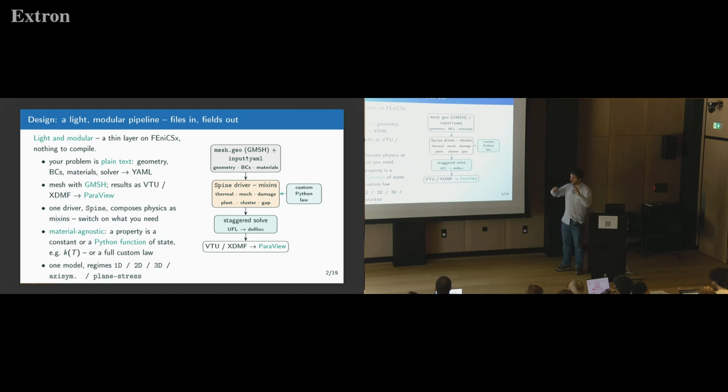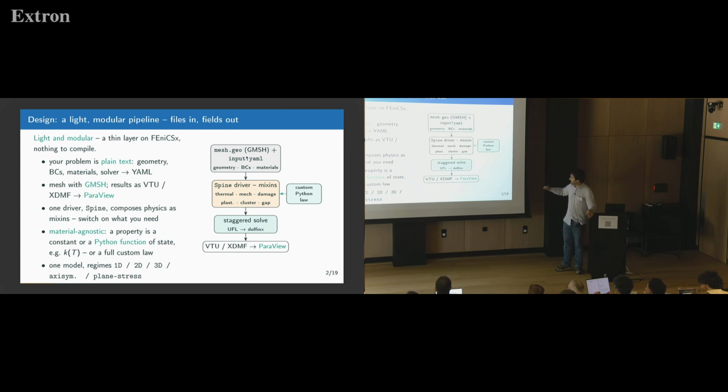Then all these plain text files are read from some Python scripts that are somehow ordered. It means that there is a reader, of course, and then a set of physical models that I implemented so far, essentially the thermal model, the mechanical model. I added some damage model, again, physical phenomena that are useful.